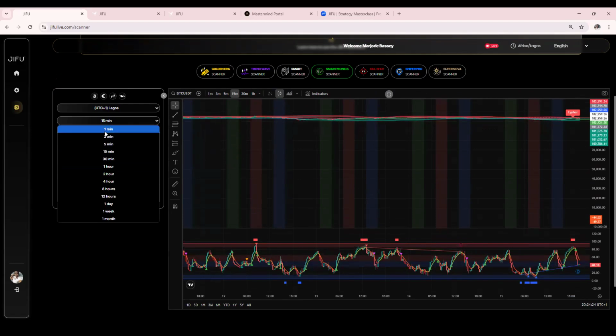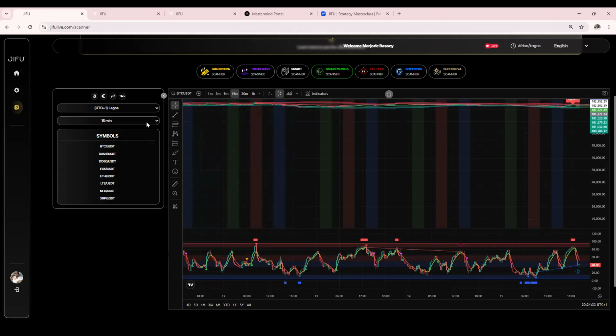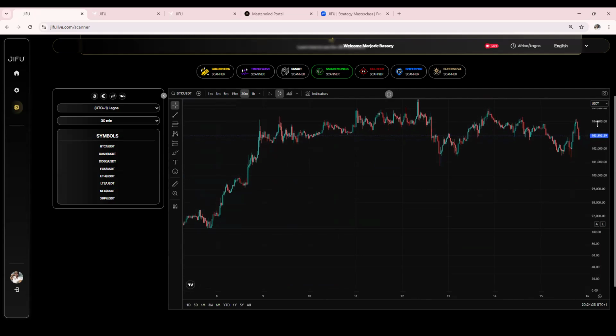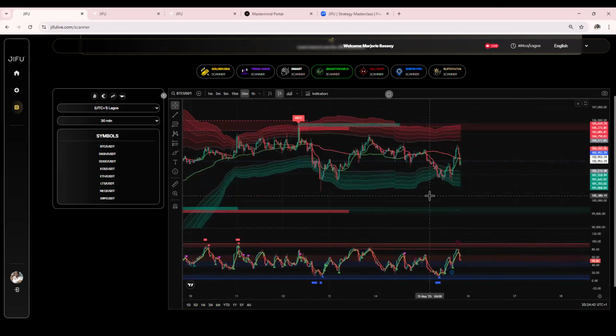If you select the 30 minutes, for instance, each candle represents activities that happened in the market within a period of 30 minutes. The same thing applies to the 15 minutes time frame.